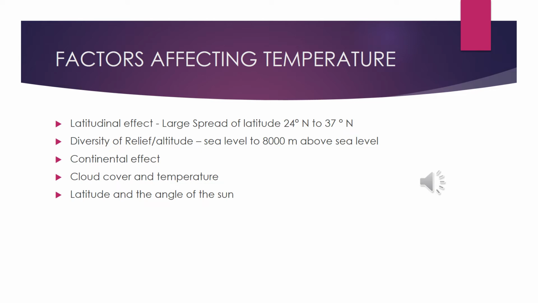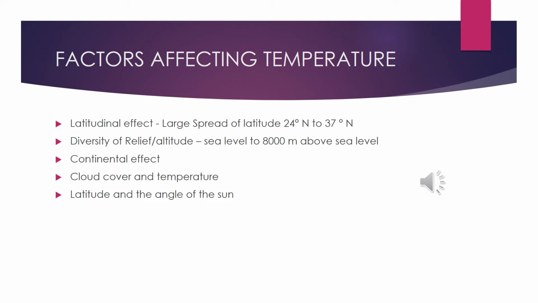And if we talk about the angle of the sun, these areas receive almost direct rays of sunlight. So the intensity of sunlight is higher in the areas located towards the south than in the areas situated towards the north, further away from the Tropic of Cancer.